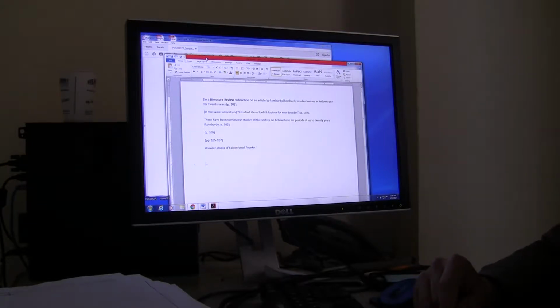Then if you've got a situation where it can't be told from context who provided the information, say you're in the analysis section, the introduction section, or the synthesis section, you have a piece of information there but you don't have the author's name linked to it, then you include the author's name in the citation. Lastly, also note that for single pages you use the P with the period. If you have more than one page, you double it up.